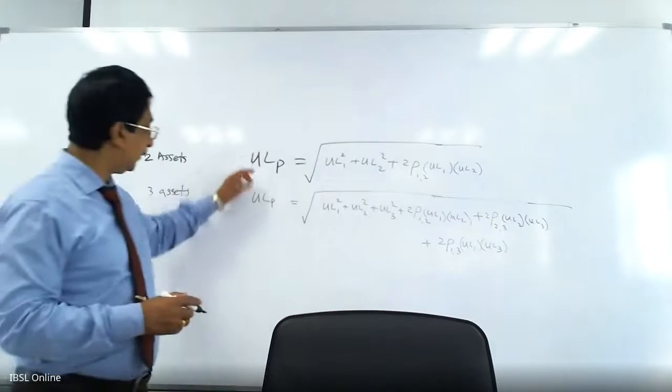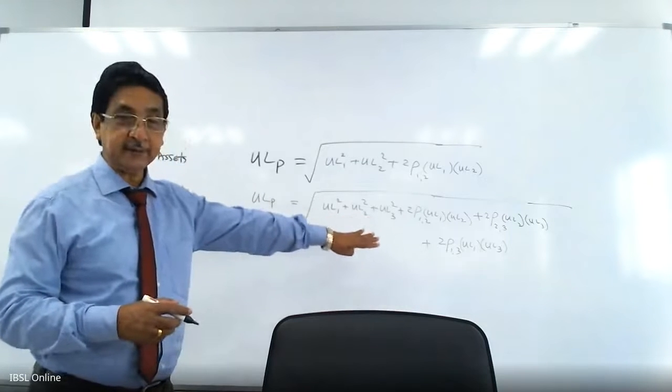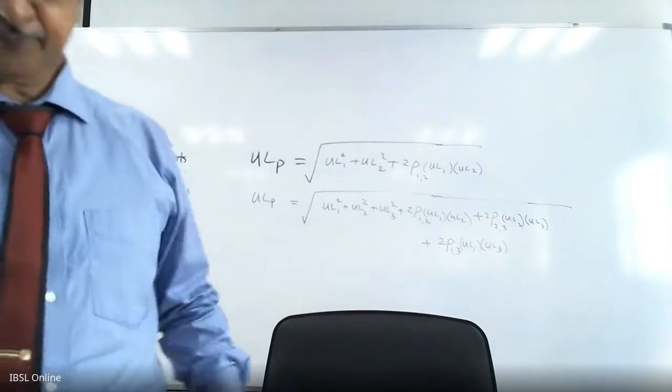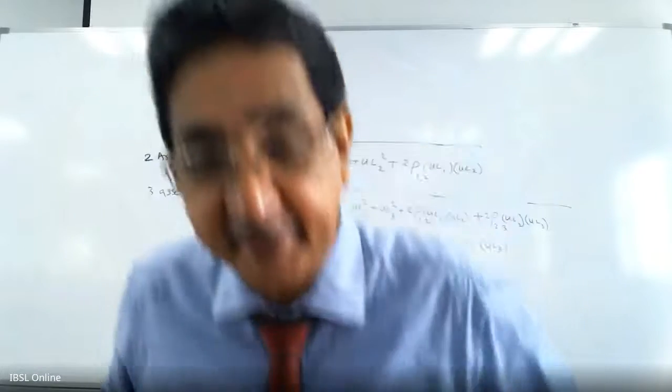Now this is the formula for a three asset portfolio. Now just look at it. How do you arrange that?